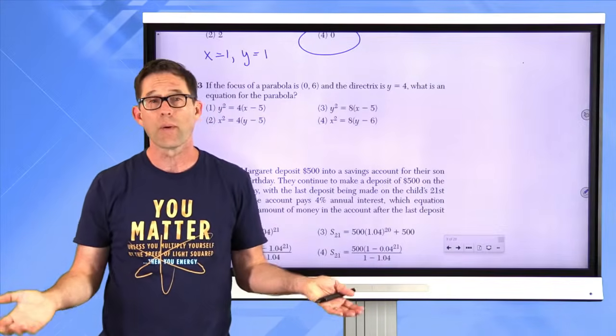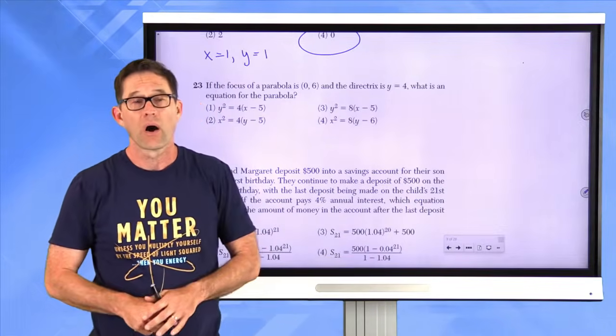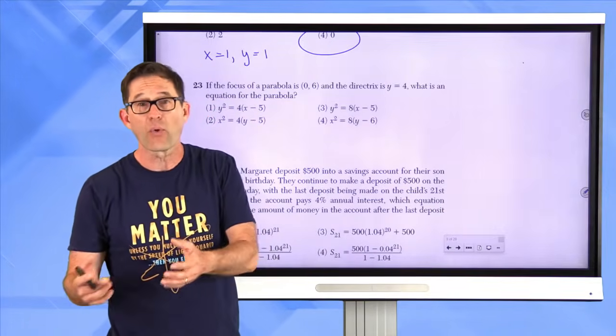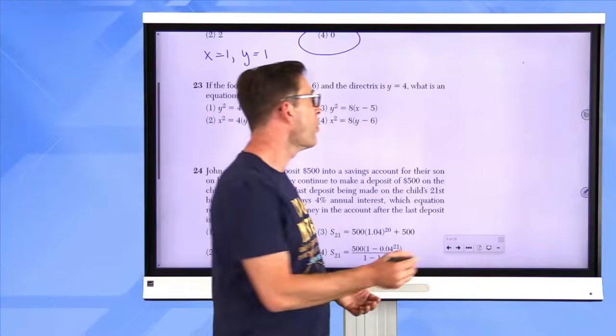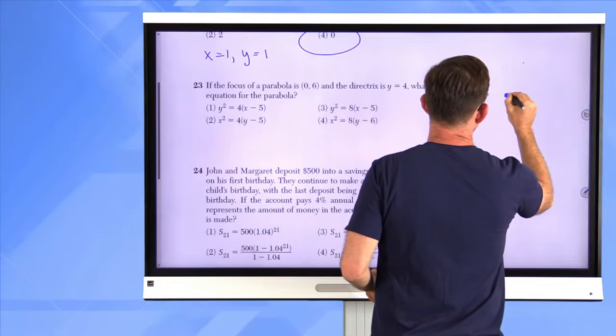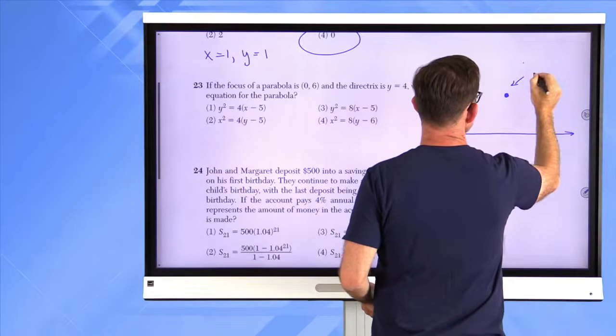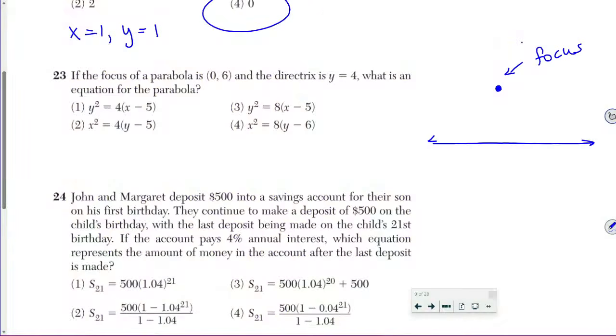So, a little reminder. One of the ways that you can define a shape called a parabola is with a point and a line that the point's not on. The point is what's called the focus of the parabola. That's different than its vertex. And the directrix is that line.